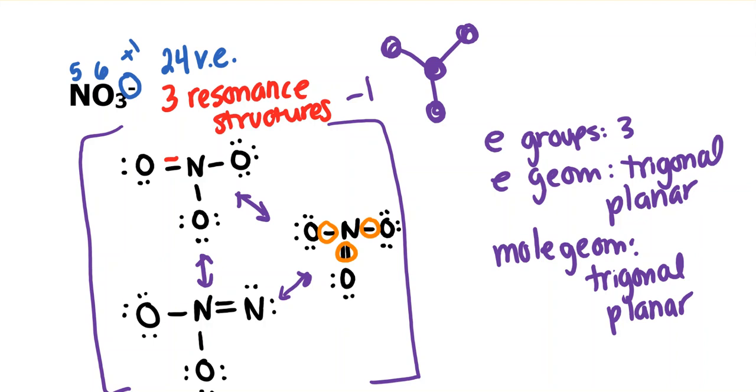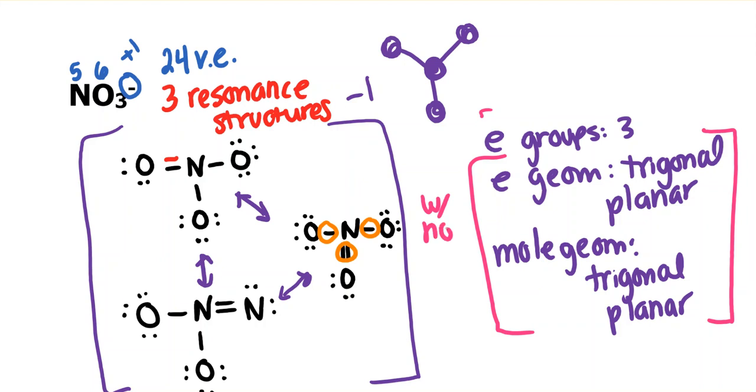So now that you've seen this a little bit more, maybe you can see something I said on the PowerPoint is that with no lone pairs, these are the same. In other words, these geometries of the molecular and electron are the same if there aren't any lone pairs.